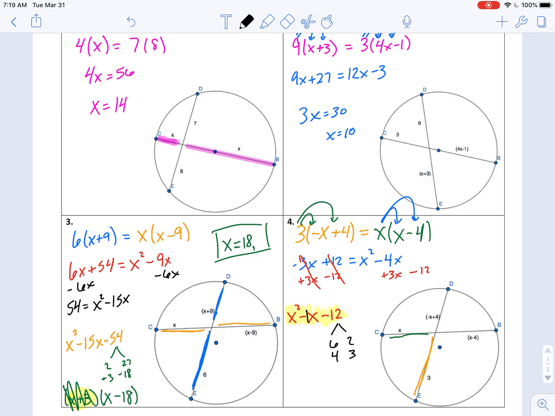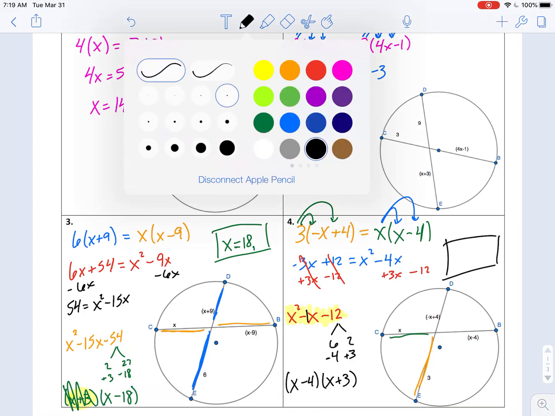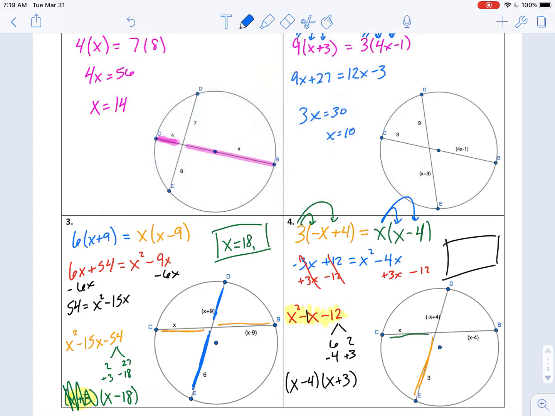Well, 6 and 2 isn't going to work, but maybe 3 and 4. Yeah, that would seem to work. And if I want a negative 1x, then I need a negative 4 and a positive 3. So x minus 4, x plus 3.